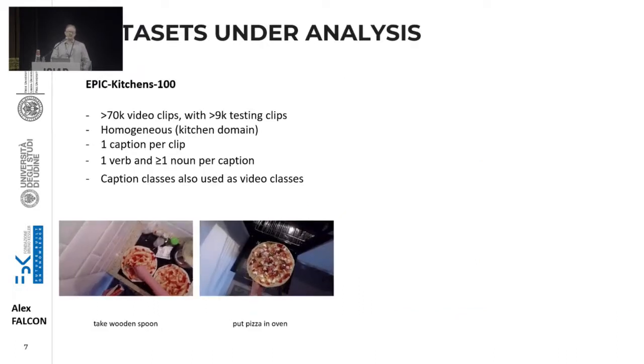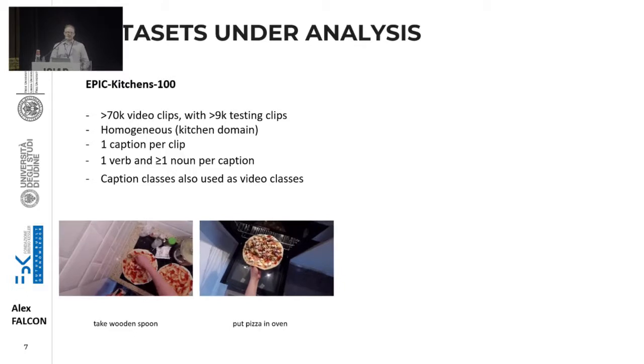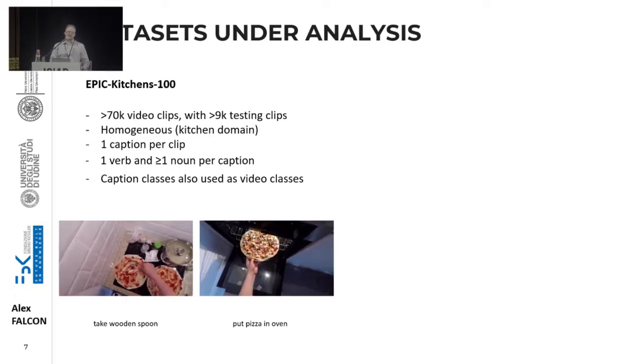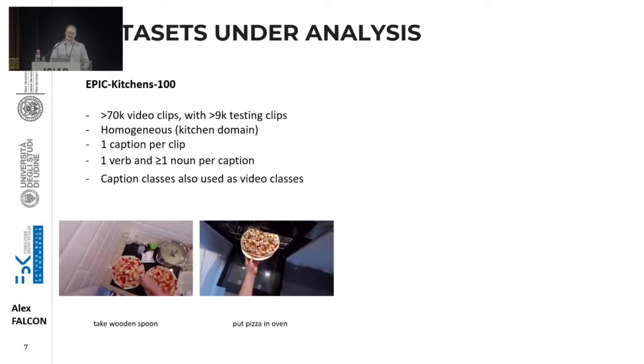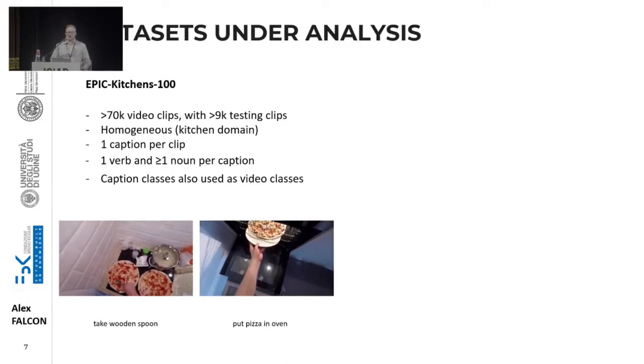So to validate our methodology, we use two public datasets. First of all, we use Epic Kitchens 100, which is a large-scale dataset of egocentric video clips which capture activities inside a kitchen. Each clip is captioned with one description, which contains one verb and at least one noun.